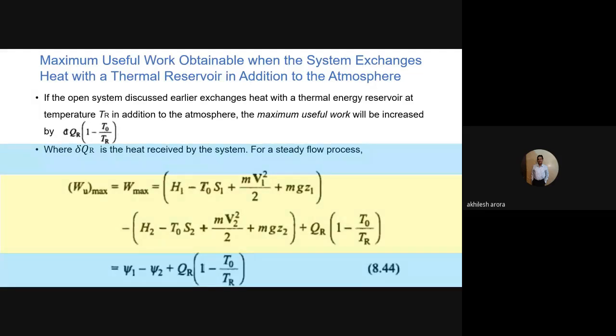Maximum useful work. It's not the maximum work, it is the maximum useful work. With the atmosphere, heat exchange is already happening, and a thermal reservoir is also attached, and now this is not the maximum work, it is the maximum useful work.